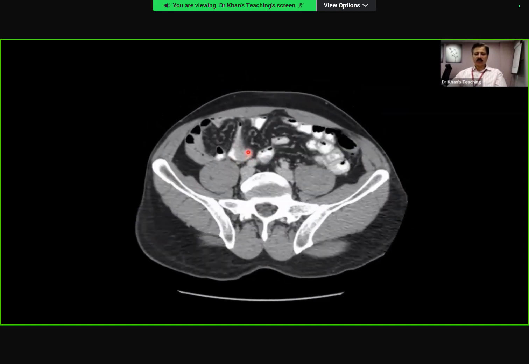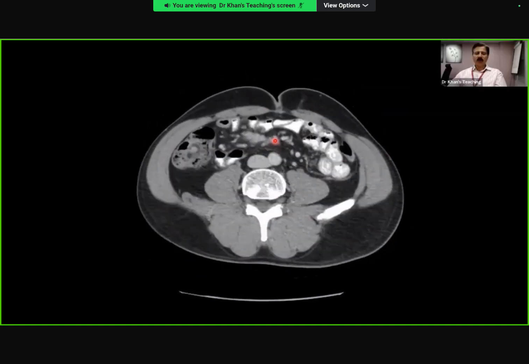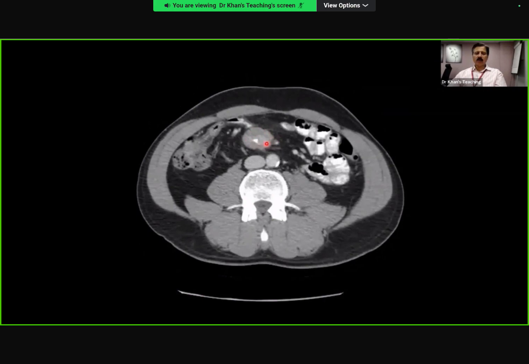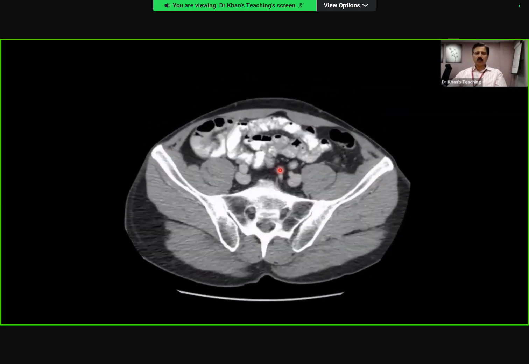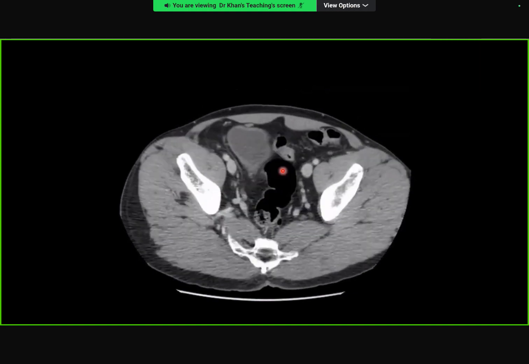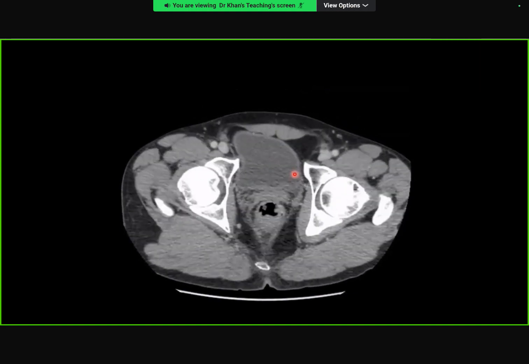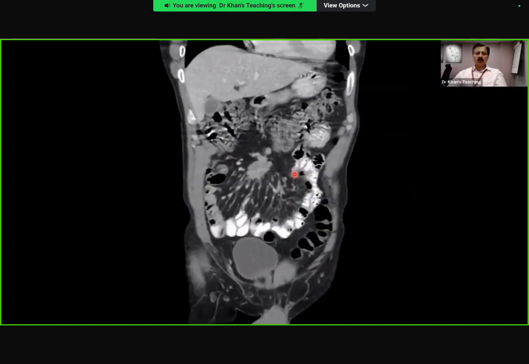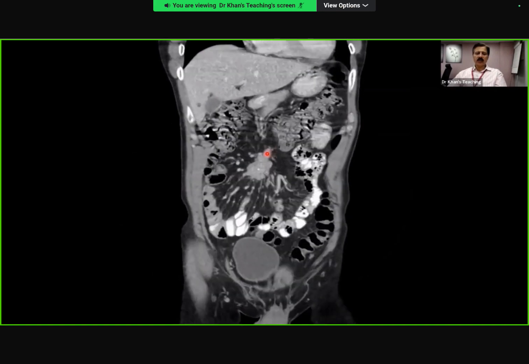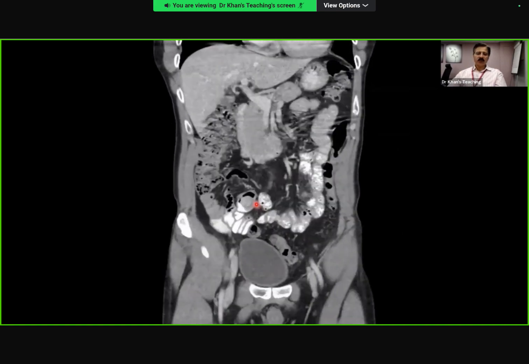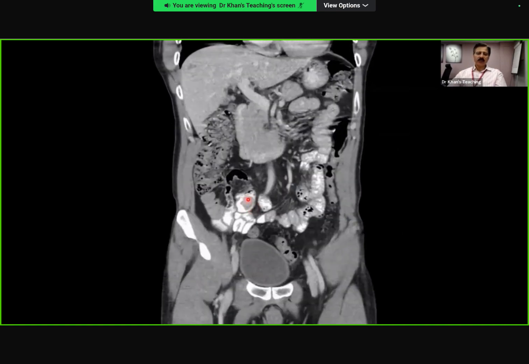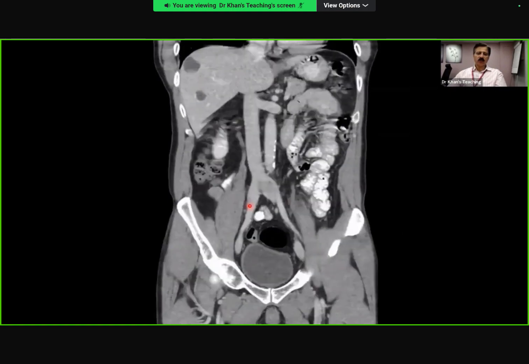And this is classical because this is the primary, and this is an example where the metastasis is larger than the primary, and this is a usual behavior. And if you go to coronal, you can see it looks much bigger, that the metastasis in the mesentery, but look at this primary, and the primary is much smaller.